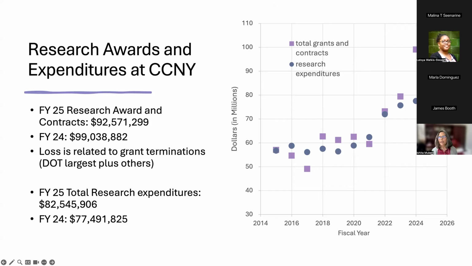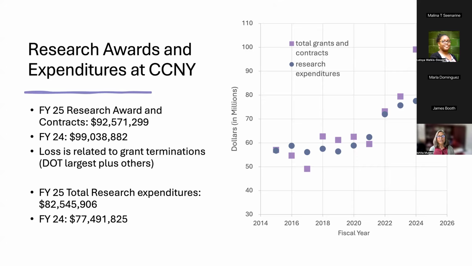But I think you can see here, I am really hoping I don't advance the slide. Okay, but here we have FY24, where we were up to 99 million in terms of our total research awards and contracts. The higher number in FY24 can reflect a couple of different things.